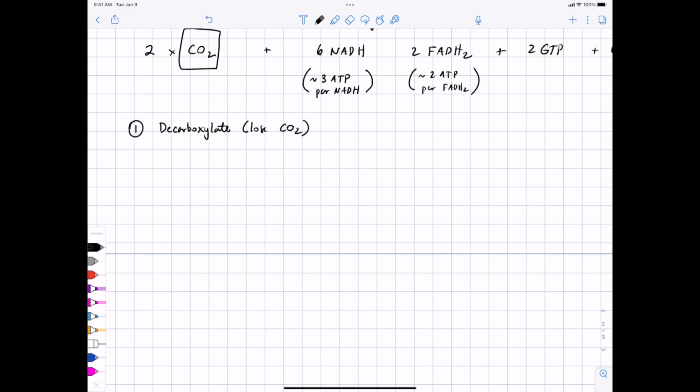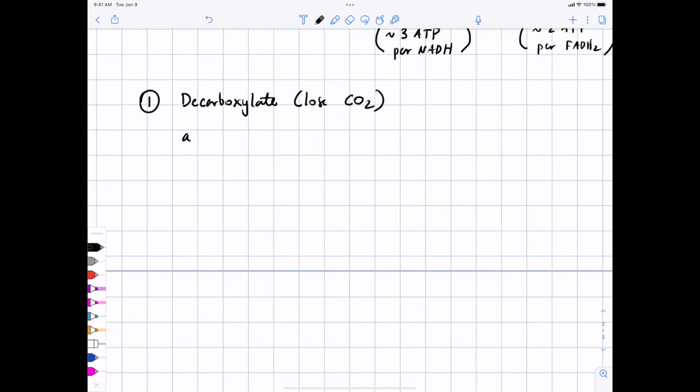And we have 2 potential strategies for that. Strategy A is the easy one. This is to decarboxylate a beta keto acid.